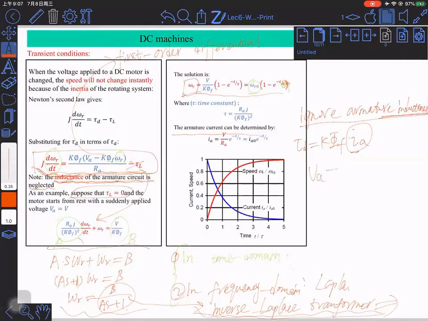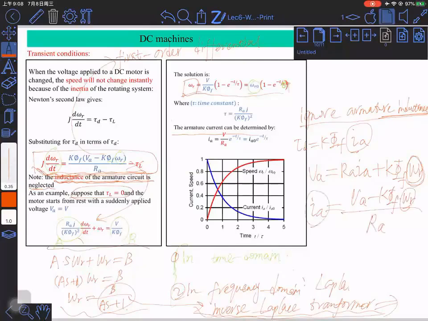The voltage is equivalent to RA IA plus K phi omega R, because you know the time domain expression of omega R. So IA is equivalent to VA subtracting K phi omega R, divided by RA.